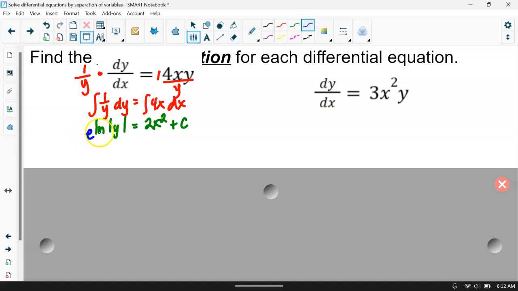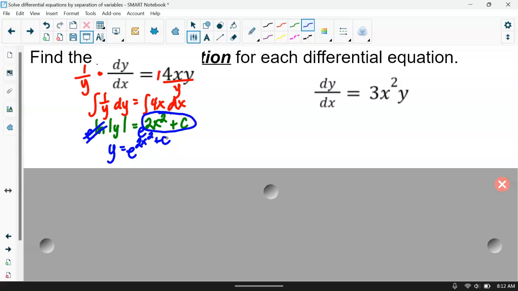E. So now here, canceling out, y is equal to, just like before, this entire expression was already here. So y is equal to e to the 2x squared plus c. All of this is in your exponent, and that is the final answer.